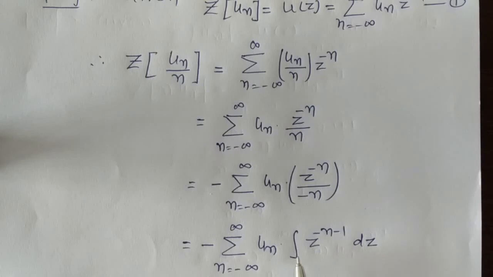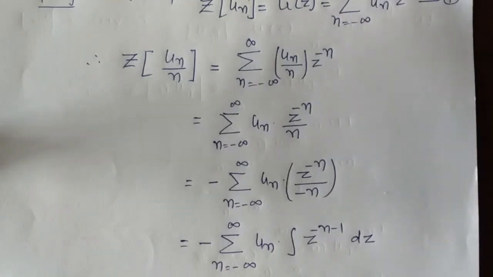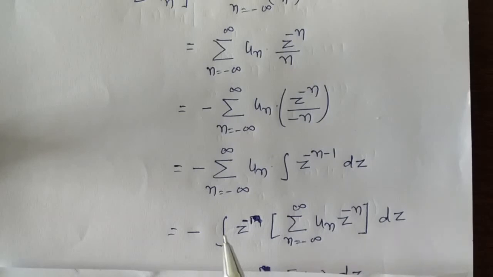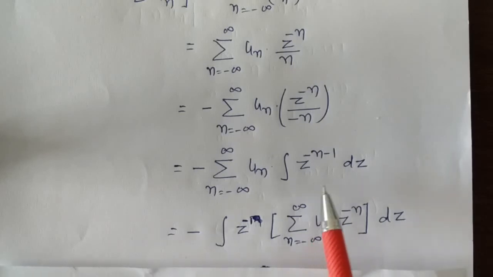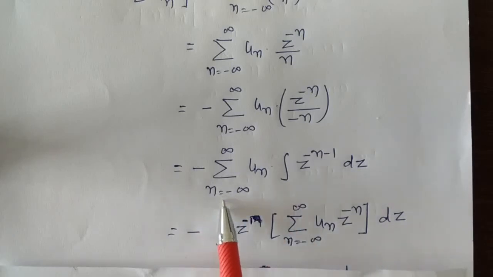Now as we know, the sum of integrals is equal to the integral of the sum. So we write this expression as minus the integral. Here we write z power minus 1 outside, as the summation is varying on n.